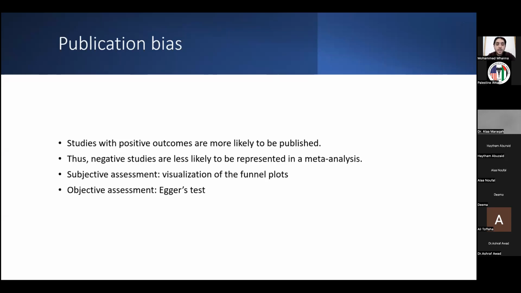And this could actually give a publication bias in many meta-analyses. It has nothing to do with your methodology of database searching or extraction, but with the way that publication happens. As I said, studies with positive results are more likely to be published than studies with negative results.